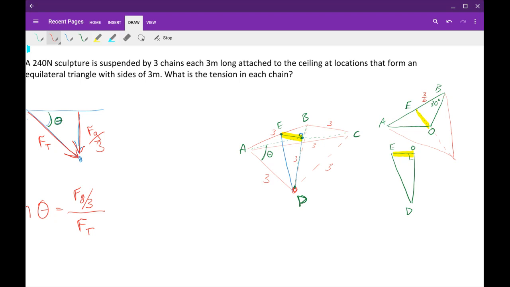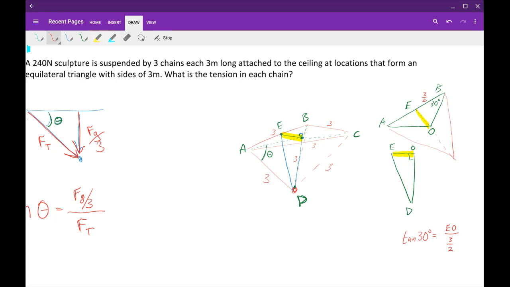Now my goal is to figure out this yellow line, EO. Knowing that that's 3/2 and that's 30 degrees, I can use the tangent function: the tangent of 30 degrees equals the opposite side, EO, over 3/2. There I can figure out EO.